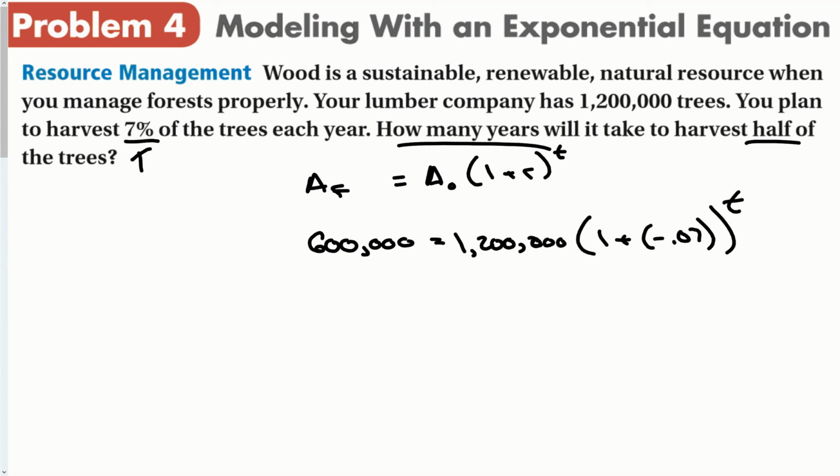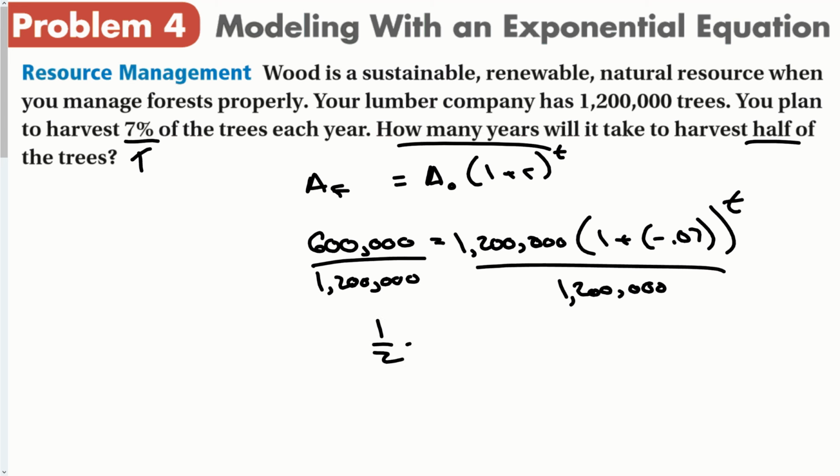Okay. So, first step is we can simplify the parentheses and divide out the 1.2 million. And we just get 1/2, right? 600,000, right?